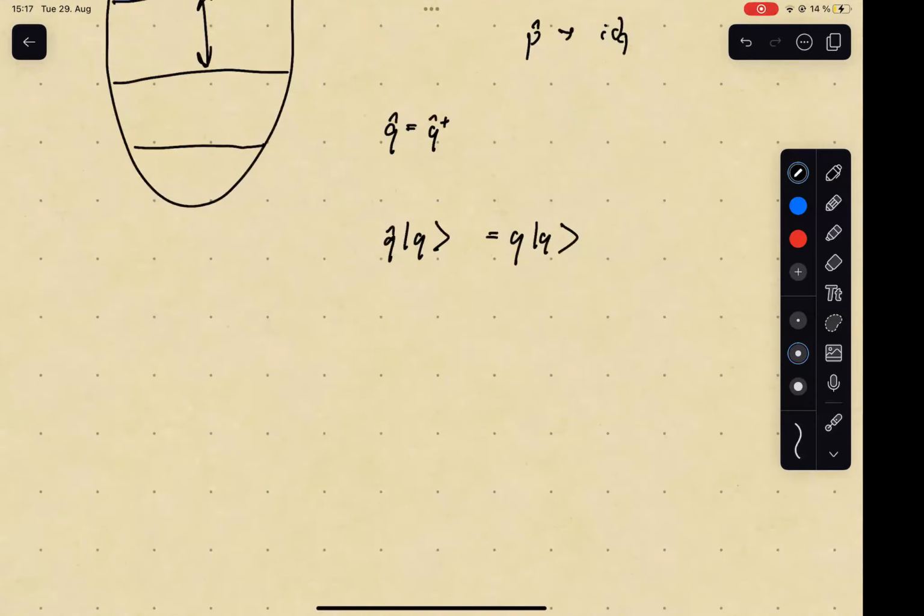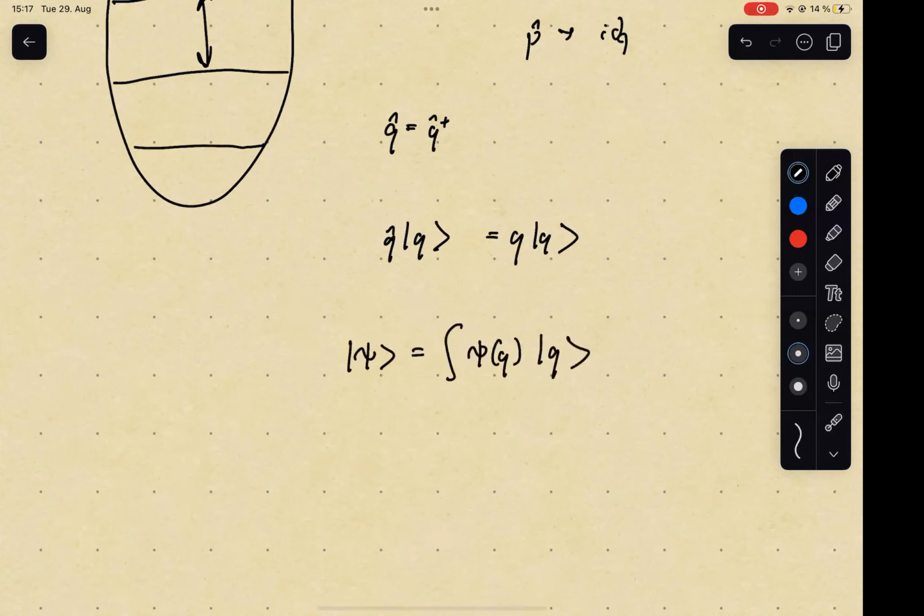I want the expectation value of a position. I can write down a state as a wave function over the position basis. That's what this means. These are my basis states for the position basis, and I assume that they are a complete basis.